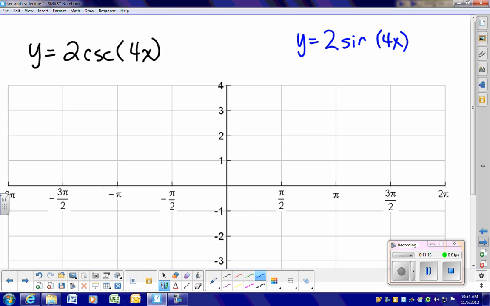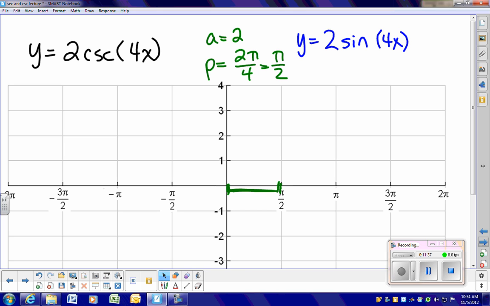That's sine. So we're going to think about this blue function. We're going to say, well, amplitude is 2, and the period is affected by that 4. It's going to be just pi over 2. So in this space right here, I'm going to have one complete cycle of sine. So it's going to be very squished in.